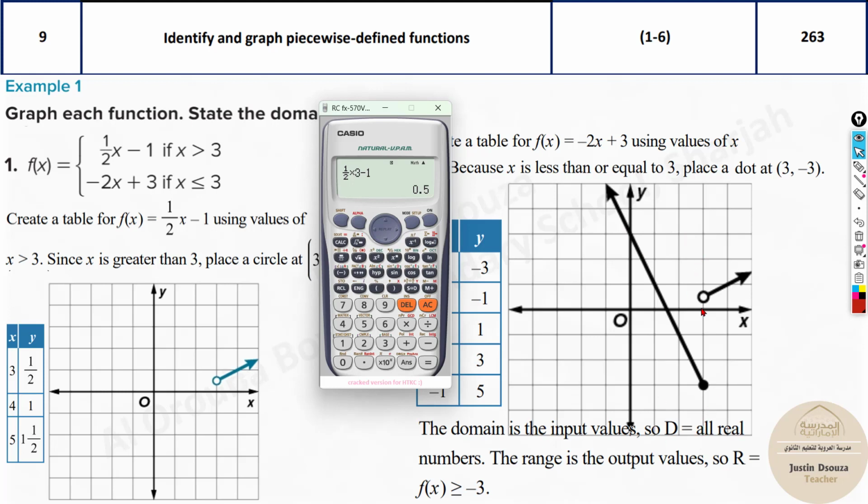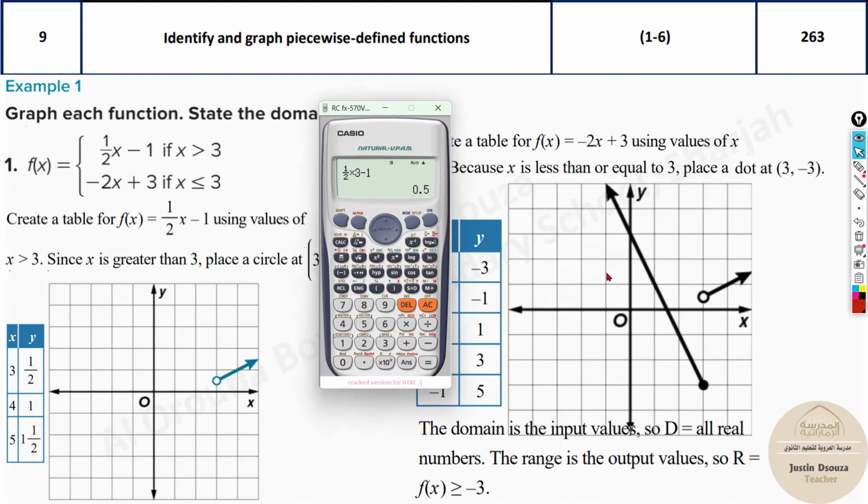Now here this domain is basically all real numbers and the range is all values which are greater than -3 at this point, because from the graph you can say what the domain and range are. D is domain, that is which parts of the graph are on the x-axis. You can have any x values here.